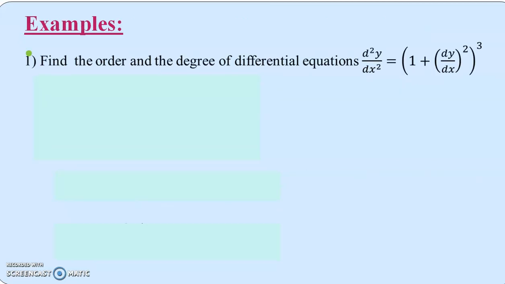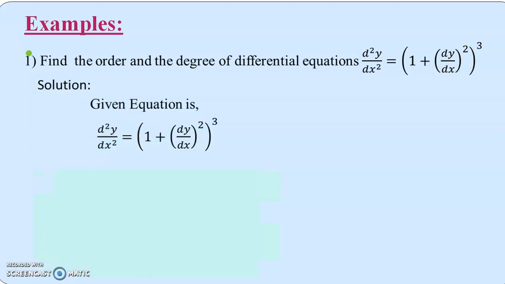First one is: find the order and the degree of the differential equation d2y by dx square is equal to 1 plus (dy by dx) whole square plus 2, 3. To find the order and degree of a differential equation, the first step is to write down the given differential equation.